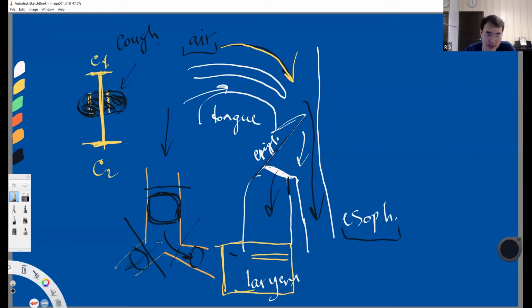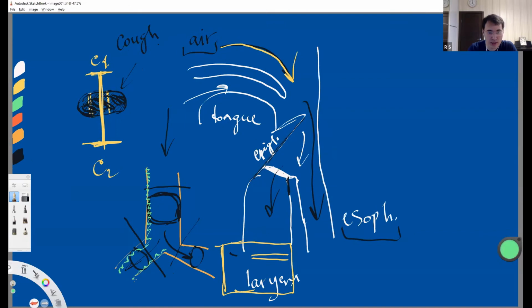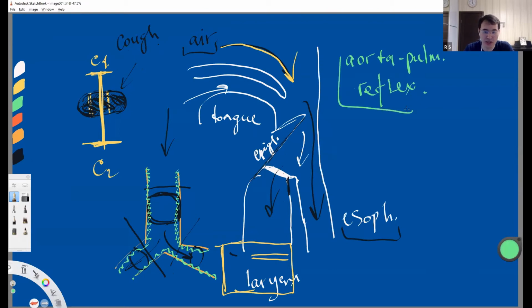And what else might happen? The innervation of our trachea and bronchi is quite rich, and sometimes it can cause, I guess it's called, the aorta pulmonary reflex, and this reflex stops the heart from beating.